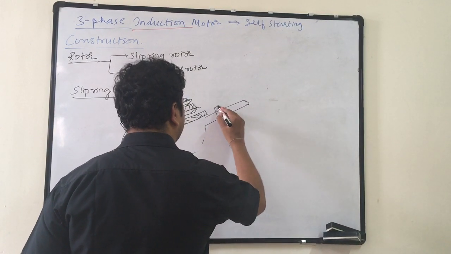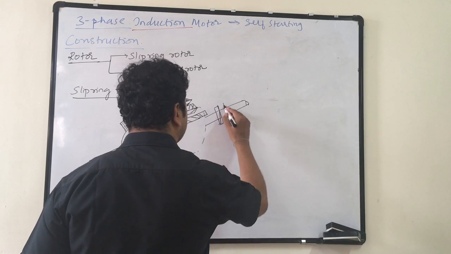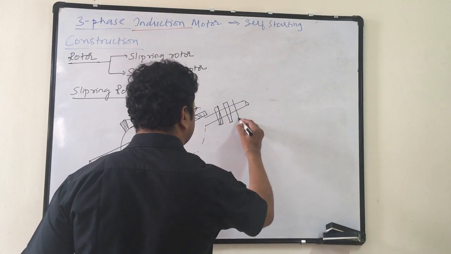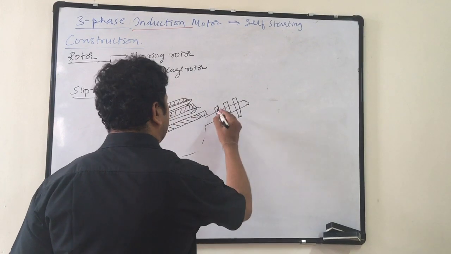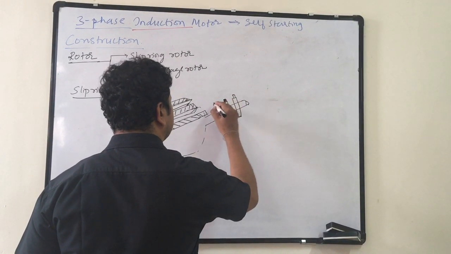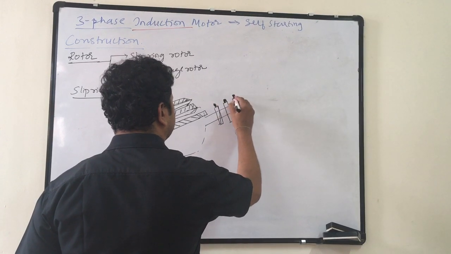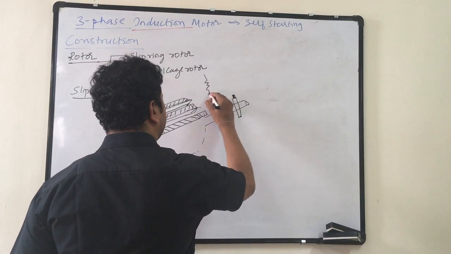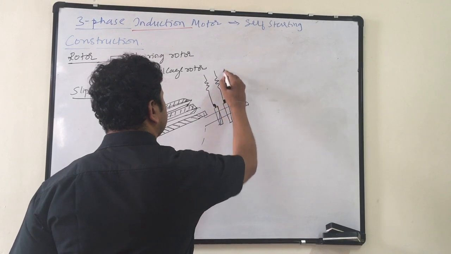And upon this shaft, there will be slip rings provided. Okay, and slip rings with brush arrangement. And this is connected with external resistance.